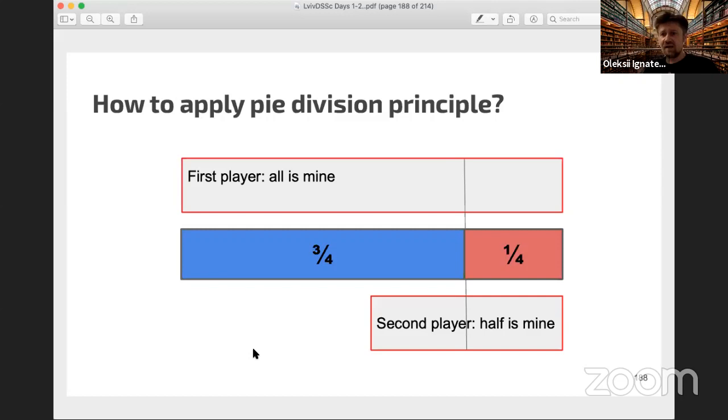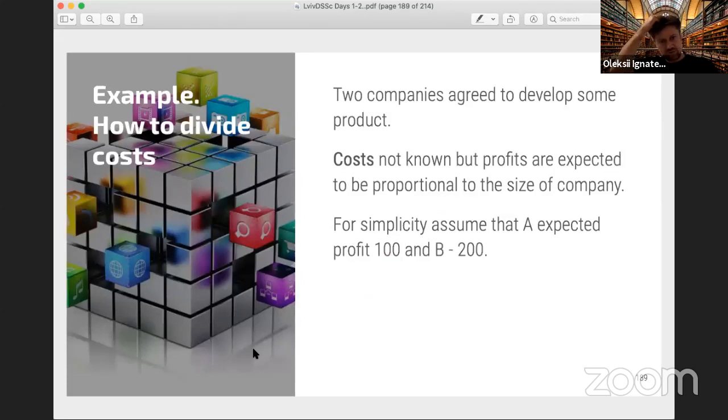And this idea allows you to solve a quite complex problem. I just want to state this problem. I think I will not solve it to the end, but I will give you the idea. So two companies agree to develop some product, and the cost of this product is not known beforehand, only some range, but profits are expected to be proportional to the size of the company.